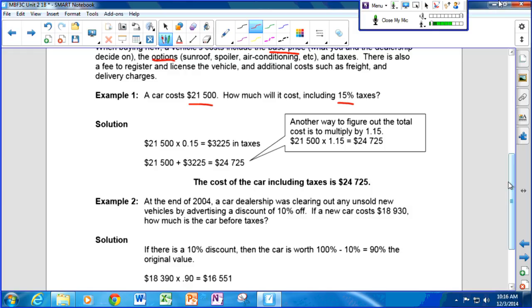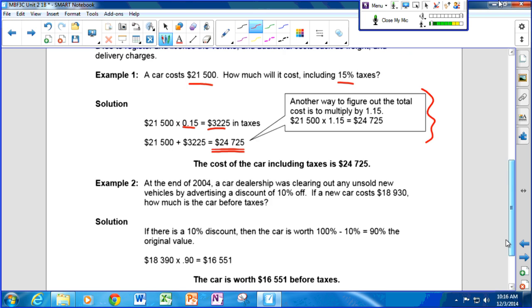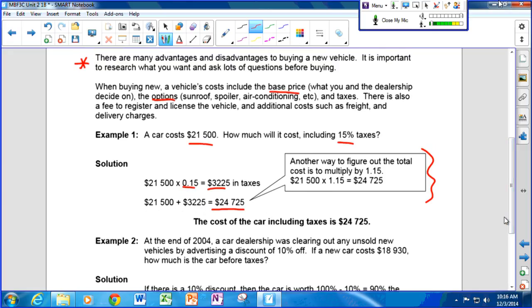So we know how to calculate 15% of something: we just take the price times 0.15, and then we come up with that amount of money. Now, here's the thing. I was just going to talk about what they have in the bubble here on page 30. They talk about a quick way.